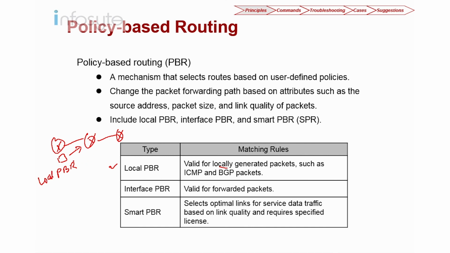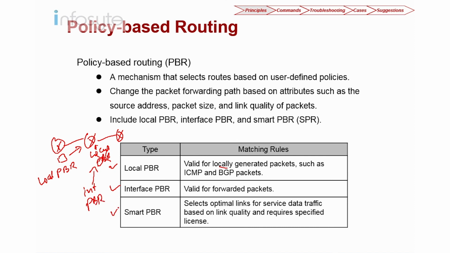But if the packet is not locally generated, so assuming that you configure local PBR where the packet is just passing through, then this local PBR will not take effect. If you want to configure PBR under such circumstances, then you should use an interface PBR instead of local PBR.